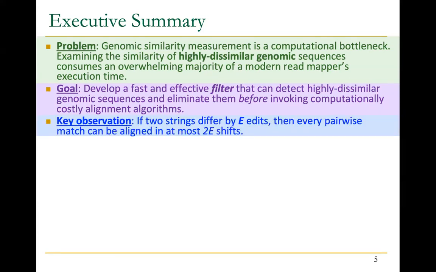The key observation: if two strings differ by E edits, then every pairwise match can be aligned with at most 2E shift operations. That is at most, so you could use less than or equal to this number.